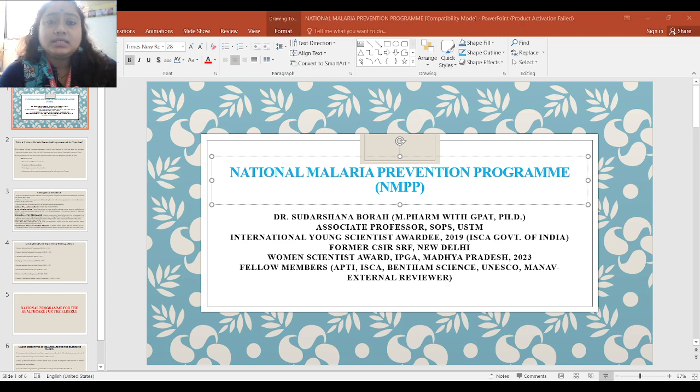Along with this, parallelly in the urban areas also the same process was carried out. There was also a strategy to revise this control program by these expert committees, where WHO has taken the initiative to go for the global policies for malaria, and the expert committee has to implement it accordingly.